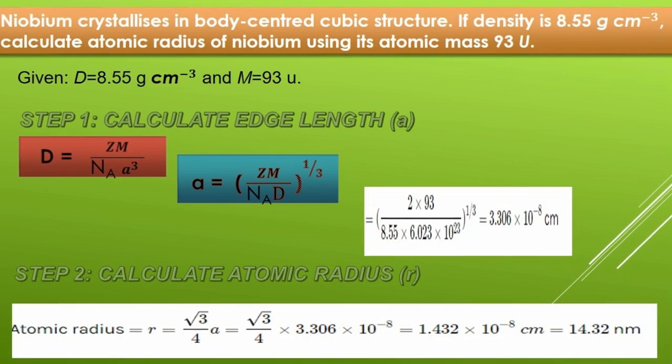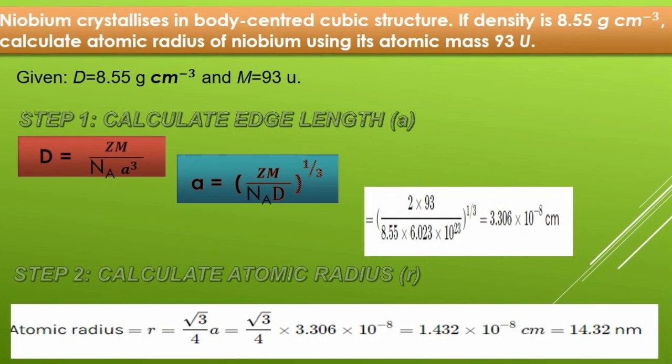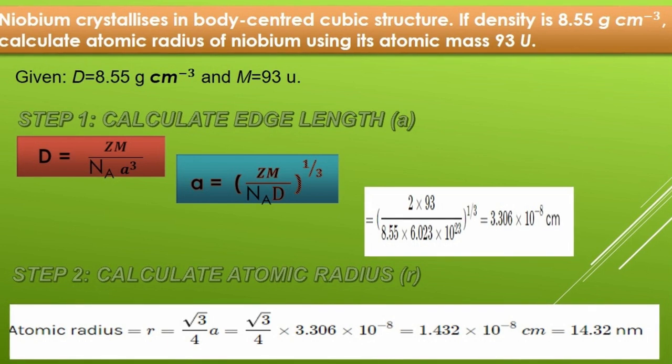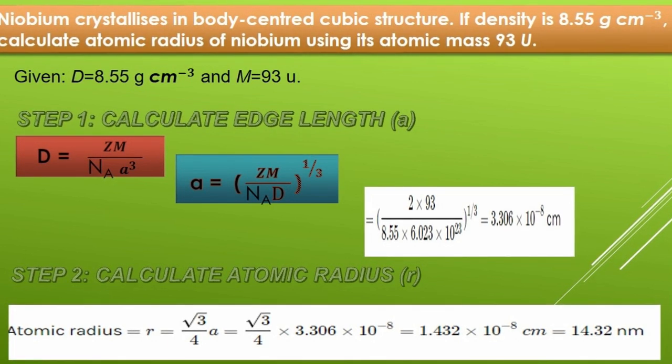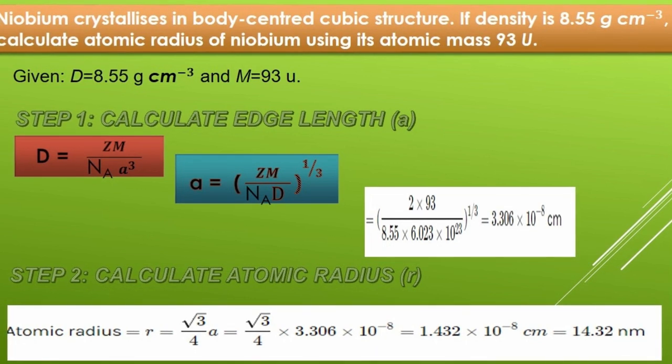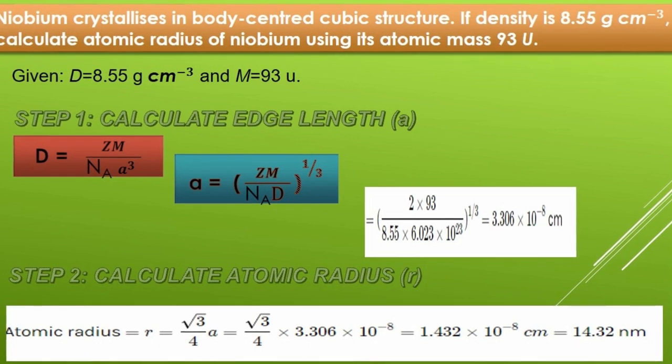So, 2 into molar mass 93 divided by Avogadro's number 6.023 into 10 to the power of 23 into density, that is 8.55. Upon simplifying, you will get the answer 3.306 into 10 to the power of minus 8 centimeter.